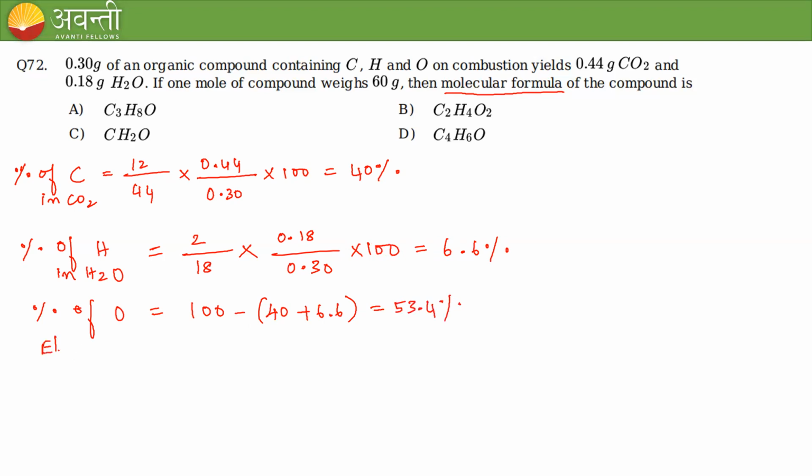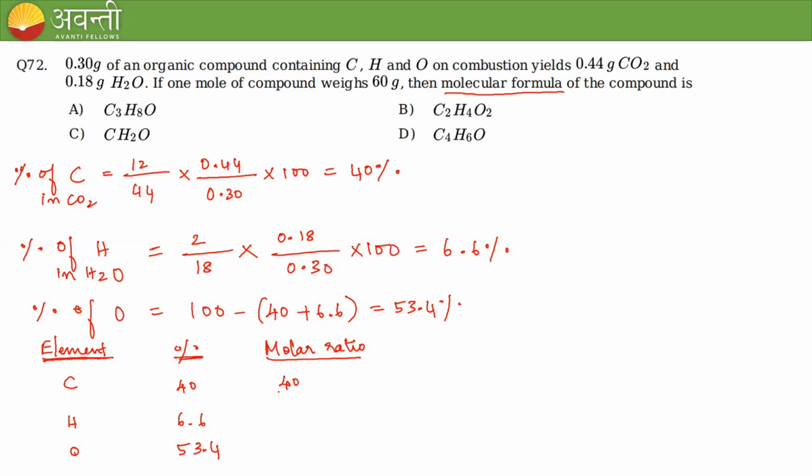Now let us write the tabular column. The elements are carbon, hydrogen and oxygen. The percentage composition is, for carbon it is 40, for hydrogen it is 6.6 and for oxygen it is 53.4. And the molar ratio, that is the number of moles, can be calculated using the mass by molar mass formula.